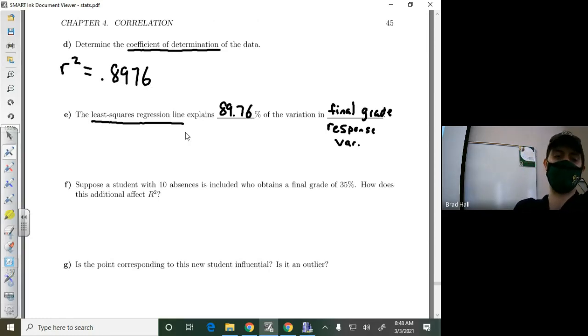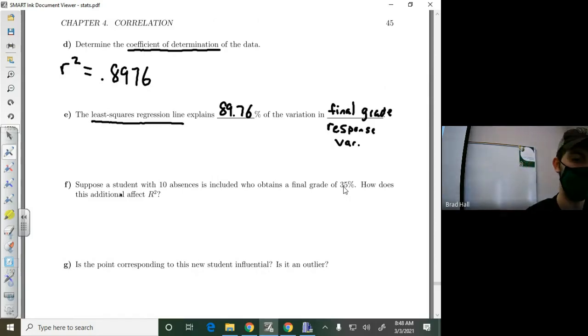So really, we're going to look at now, basically what F and G are asking is, well, is the coefficient of determination resistant or not? That's basically what it's asking here. A student with 10 absences is then included, and their final grade is a 35%.